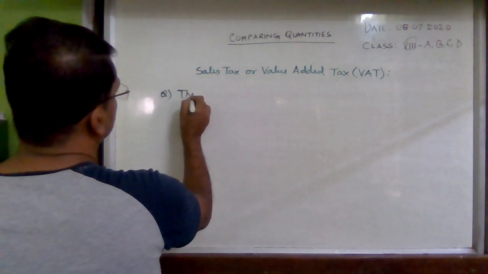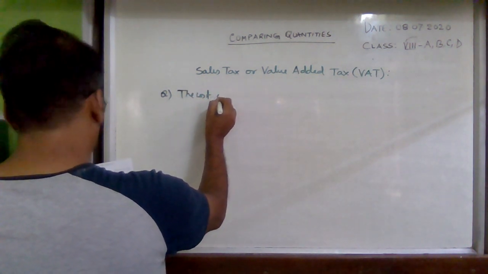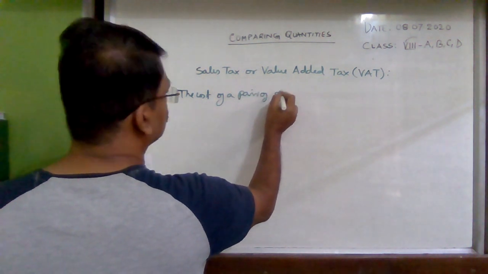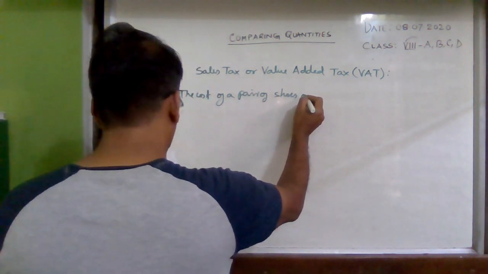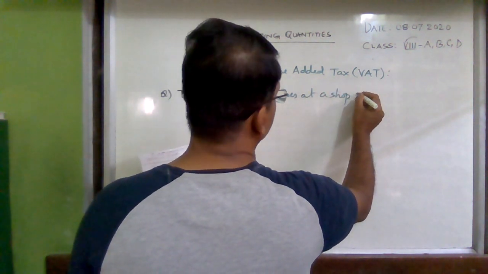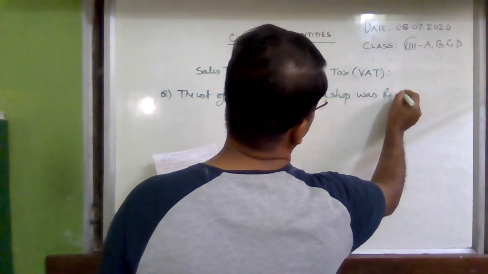The cost of a pair of shoes at a shop was rupees 450.